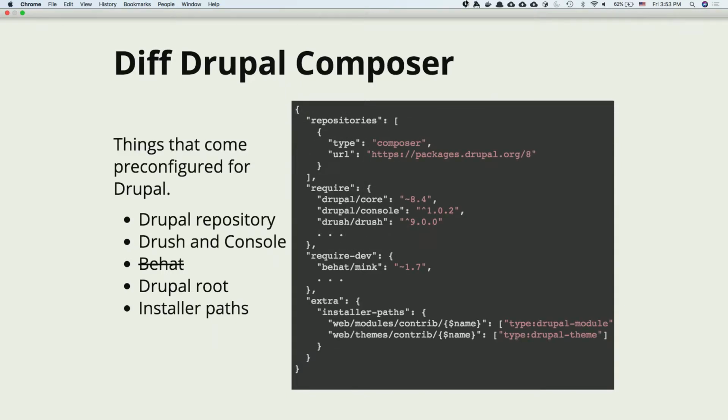But if you are installing any contrib modules, contrib themes, or libraries that belong in Drupal, there are statements in the composer.json file to tell Composer to do that properly. So your themes will go in your contrib themes folder, and your modules will go in your contrib modules folder.